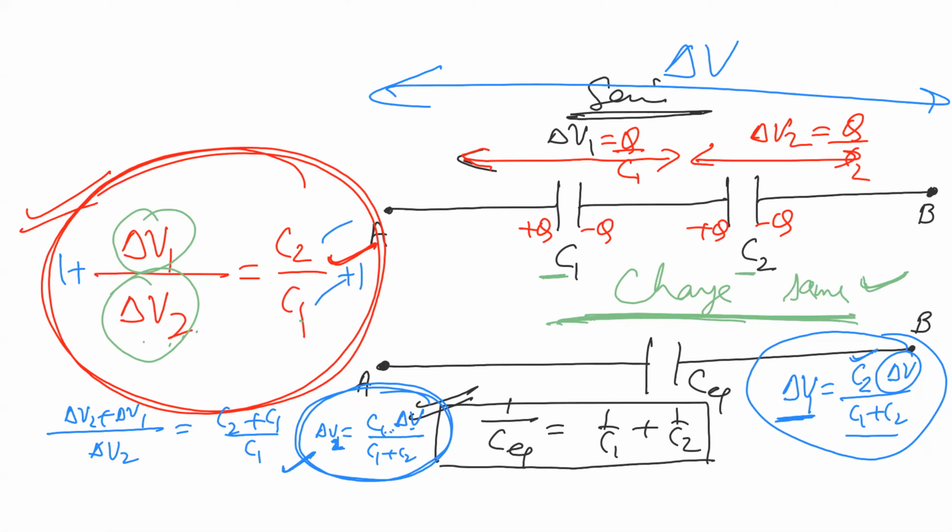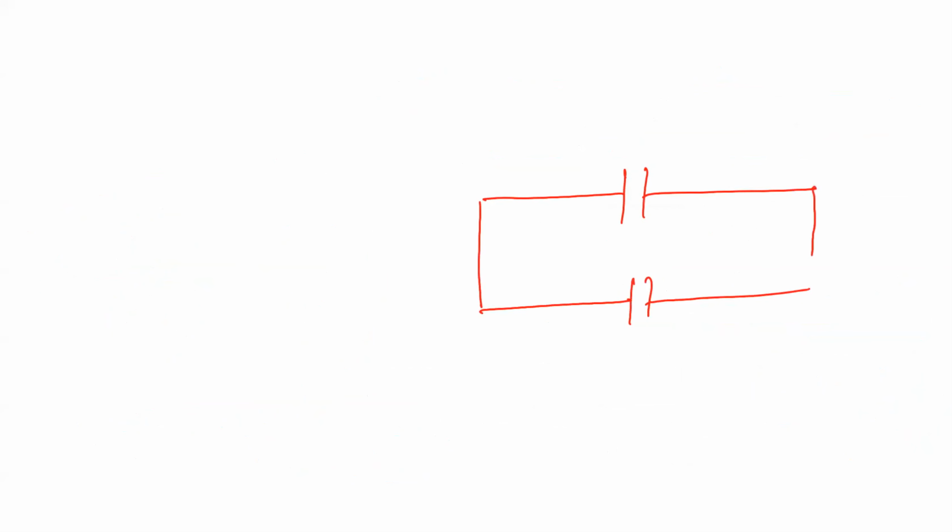Okay. So next, let's go for parallel combination, right? So we have parallel combination. They will be applied across the same potential drop between point A and point B. Already I told you how to identify.